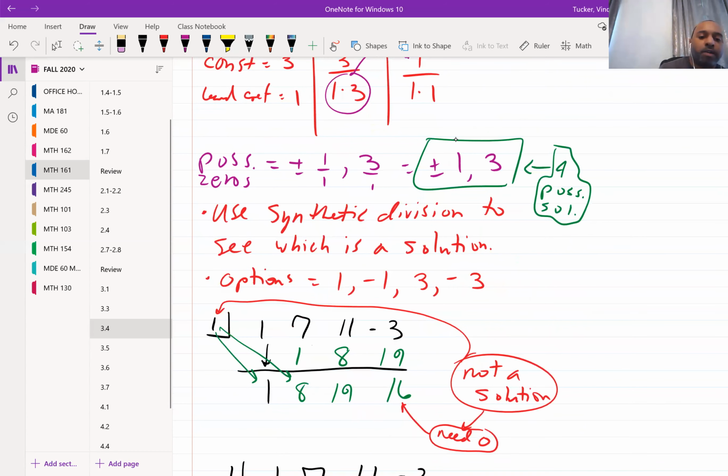And so you bring down 1. 1 times 1 is 1. 7 plus 1 is 8. 1 times 8 is 8. 11 plus 8 is 19. 1 times 19 is 19. -3 plus 19 is 16. So since we got a 16 right there, that is not a solution. We need 0 to be right there in order for it to be a solution.